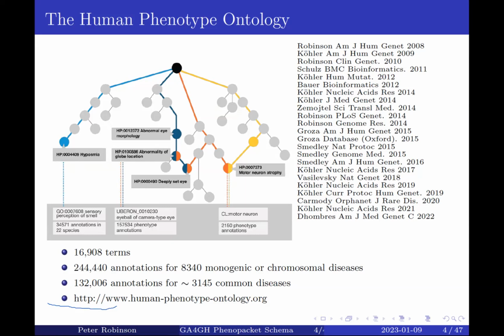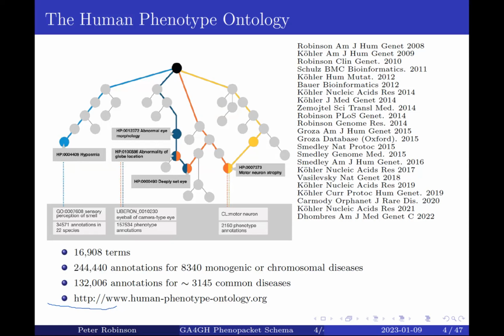Firstly, there's no other resource that has so much detail about the signs and symptoms of human disease. And in contrast to other terminologies that were developed for purposes such as running a hospital or billing, the HPO was designed for scientific computation, for sophisticated algorithmics.